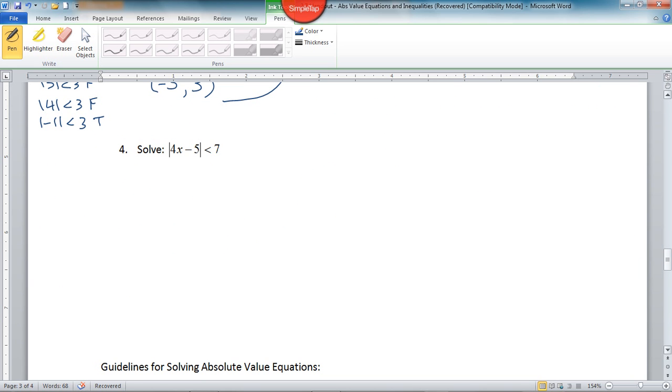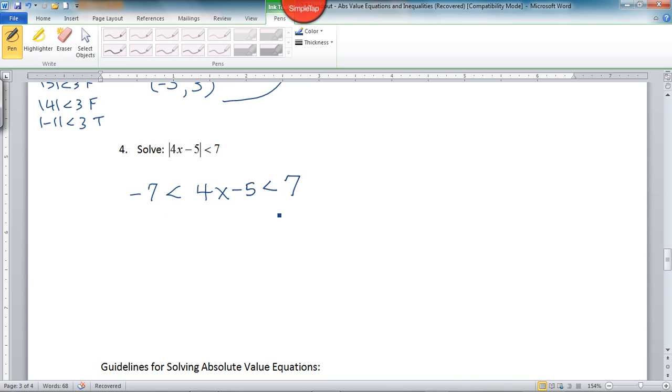All right, well, with a less than absolute value inequality, we're going to set up a 3-part inequality, and that 3-part inequality is going to look like this. We're going to put the 4x minus 5 in the middle, and then we're going to put the negative 7 on the left and the positive 7 on the right. And then the less than inequality is there.